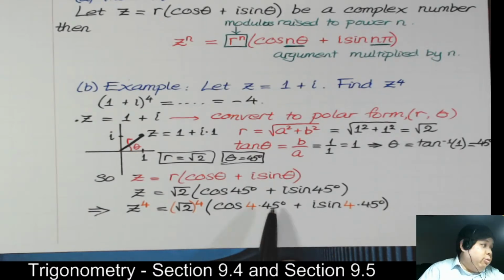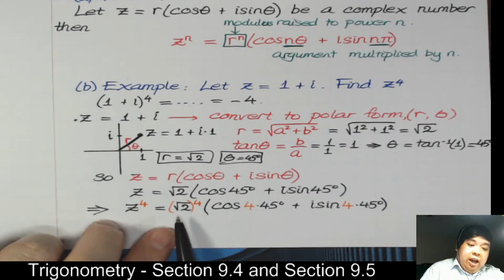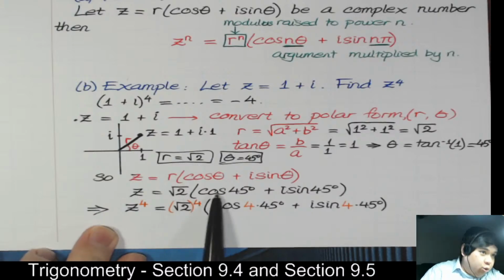Right, 4 times 45 is 180 degrees, and square root of 2 to the fourth power.